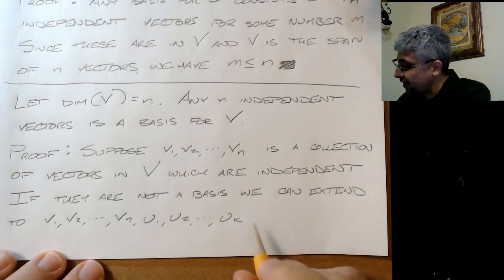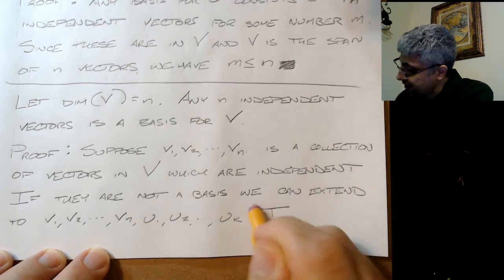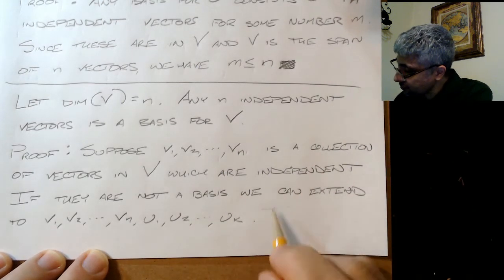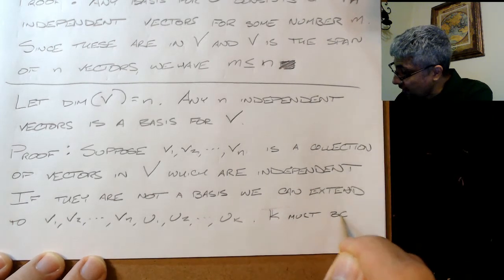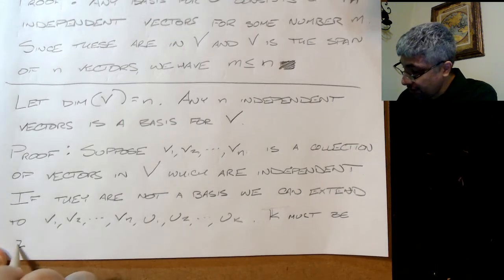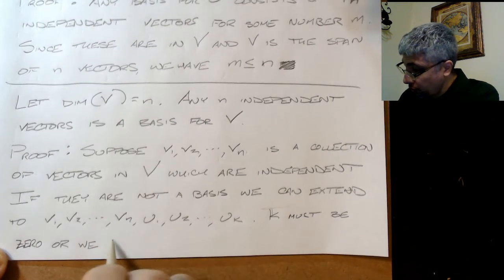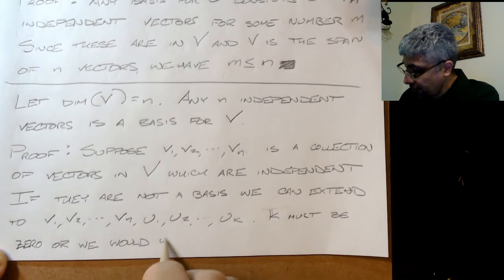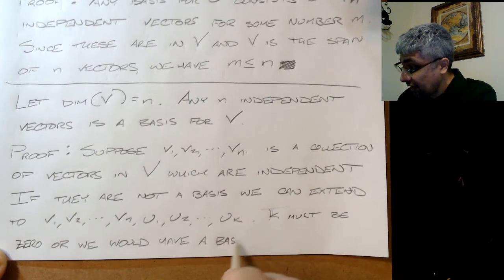So therefore k must be 0, meaning there are no u's, or we would have a basis of different length.